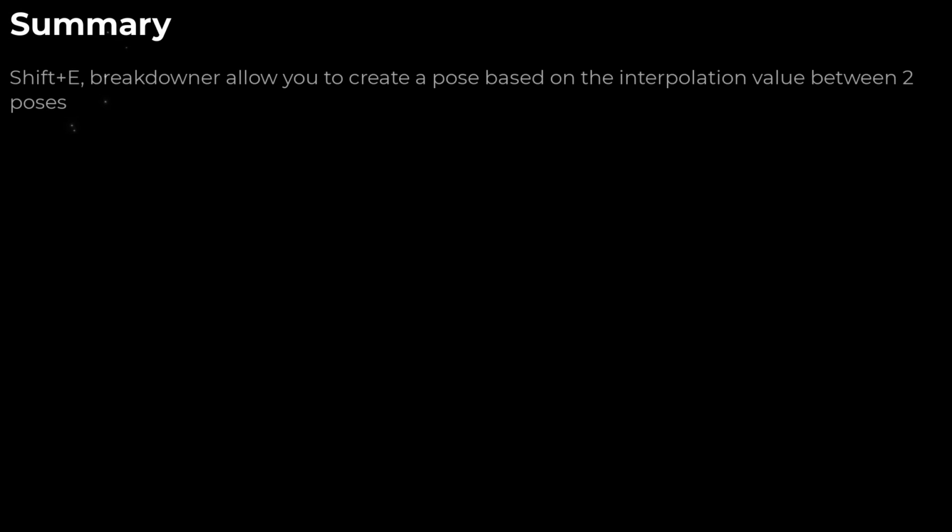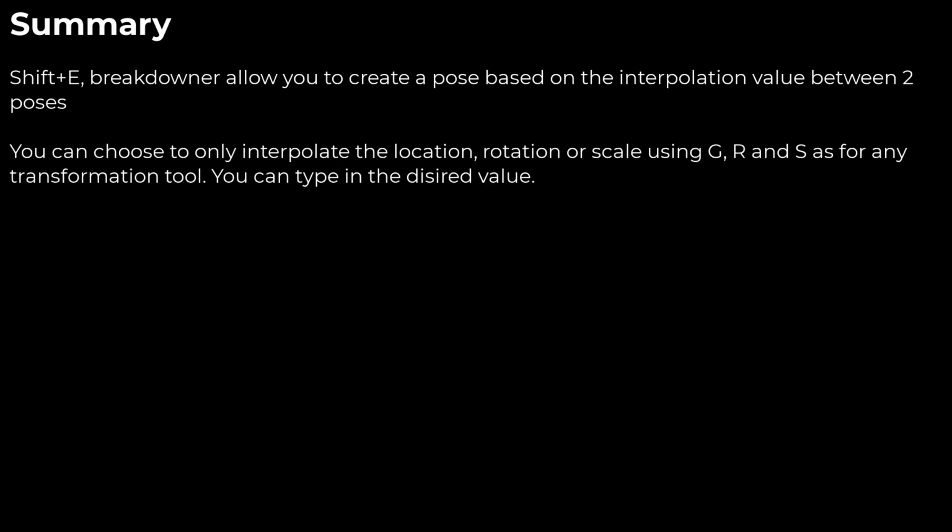To summarize, we have seen that the Breakdowner allows us to create a key between two poses by choosing the level of interpolation we want between those two keys. As with any transform channels, we can enter the value we want the interpolation to be processed with.